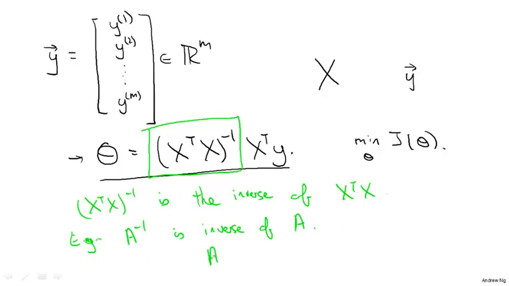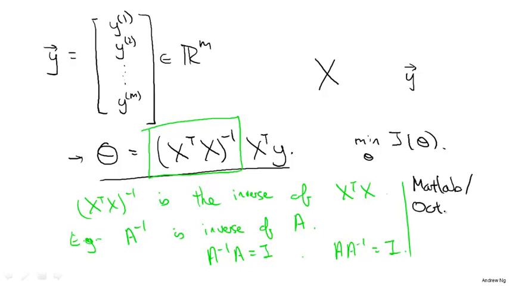The inverse of a matrix satisfies that A inverse times A is equal to the identity matrix, and A times A inverse is also equal to the identity matrix. Concretely, the way you would implement this in MATLAB or in Octave is you would write inv of X prime times X, where, as before, X prime is how you implement X transpose in MATLAB and Octave, and inv is the function that computes the inverse of a matrix.